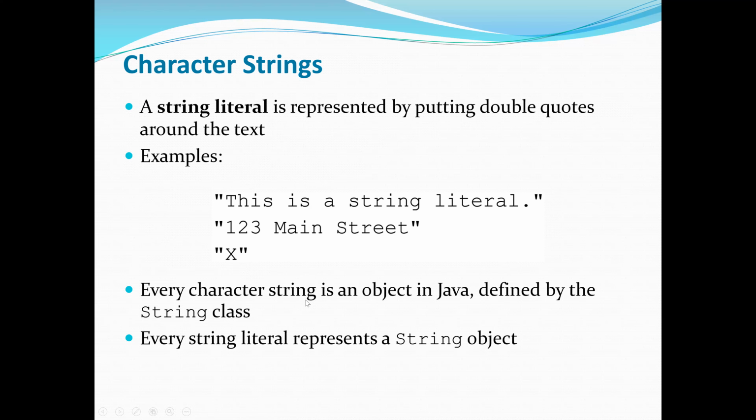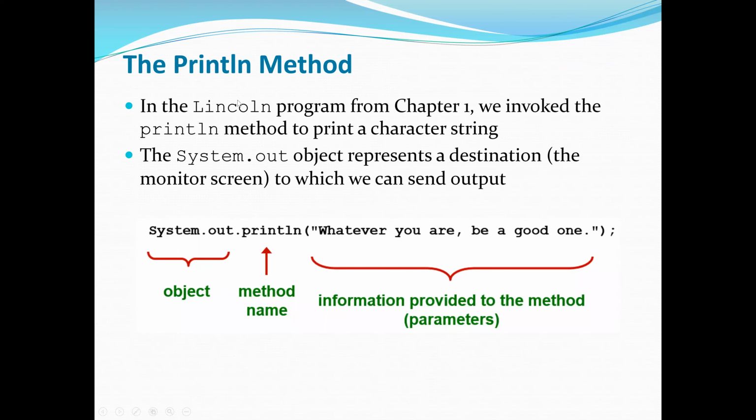Now, every character string is an object in Java, which is defined by the String class. So every string literal represents a string object, and we may go into details on this. Here, let's go through the println method. In our previous lectures in Chapter 1, we saw the Lincoln program.